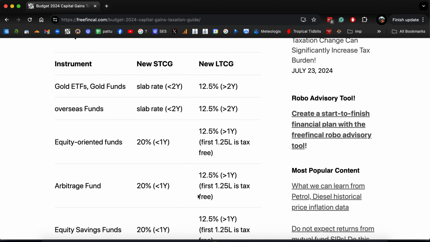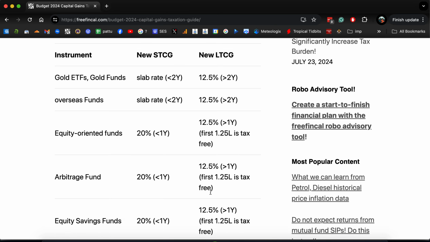Now here are examples. Gold ETFs and gold funds: this will be at slab rate for STCG, that's less than 2 years, and 12.5% greater than 2 years. Overseas funds, STCG is slab rate, and after 2 years, 12.5%. Equity oriented funds, less than 1 year, 20%, more than 1 year, 12.5%.